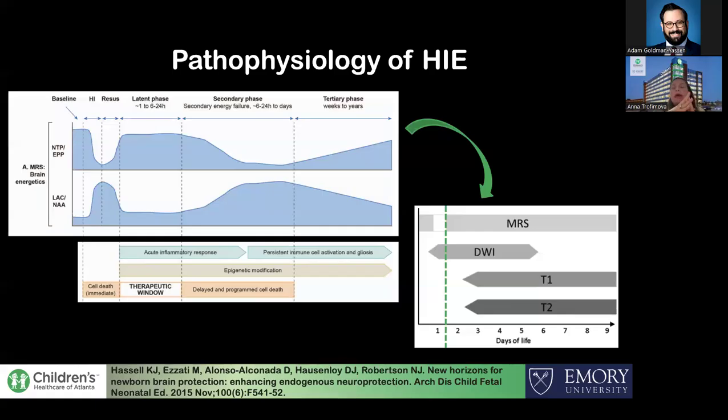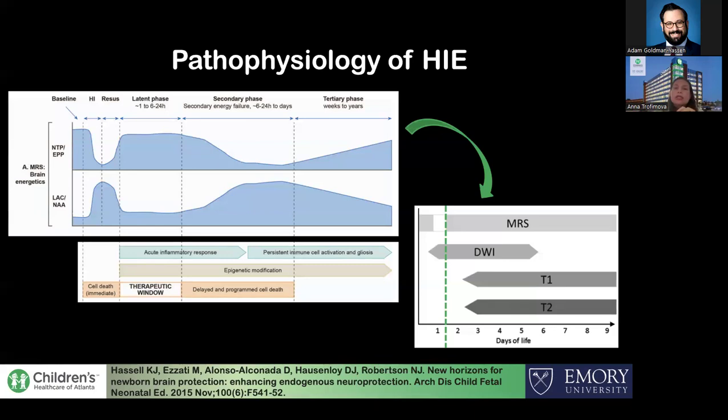In the absence of sufficient oxygen, cells transition to less energetically efficient anaerobic metabolism, and one of the byproducts of this type of metabolism is the accumulation of lactate. As you can see on this graph on the far right, MR spectroscopy is one of the earliest MR imaging modalities that allows us to detect that increase in lactate, which can be seen within the first 24 hours of primary energy failure.